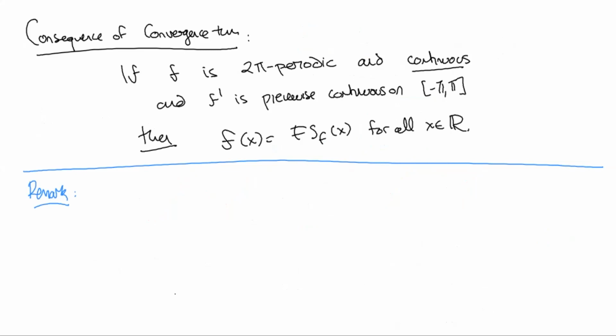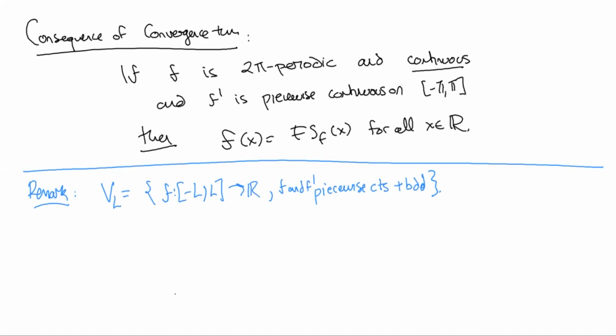So remark: let's define a vector space V_L to be functions from minus L to L to R such that f and f prime are piecewise continuous and bounded. Okay, so now L equals pi is the case that we looked at earlier, right?